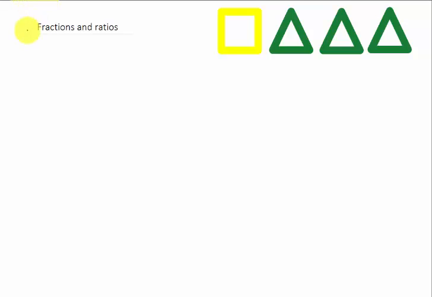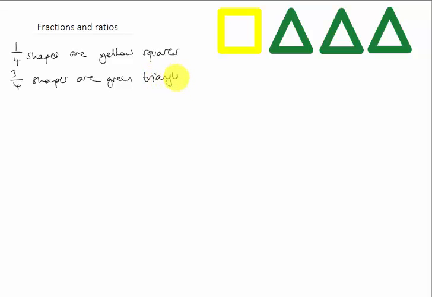So we could say that 1/4 of the shapes are yellow squares, and you could say that 3/4 of the shapes are green triangles. Nothing too controversial there. But we could also say that the ratio of yellow squares to green triangles is 1 to 3.